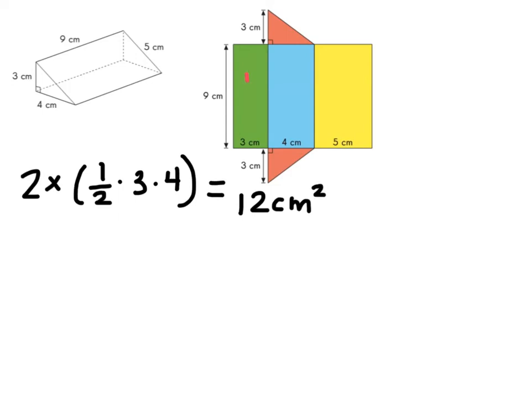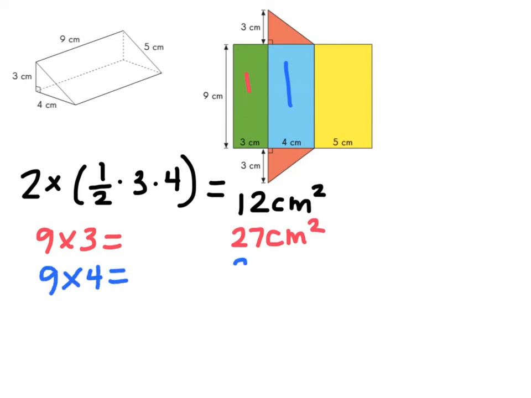Next, let's look at this green rectangle. There's only one, so all we have to do is take the length times the height to get the area, which is 27 centimeters squared. Now let's look at the blue rectangle. Again, there's only one, so we simply need to take length times height to get 36 centimeters squared.